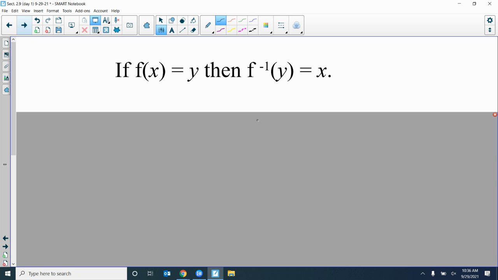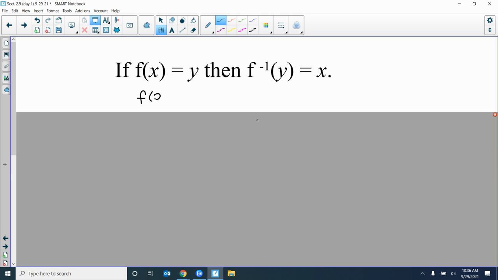Because one undoes the other. So if f of x equals y, then f inverse of y equals x. Automatically. Okay.